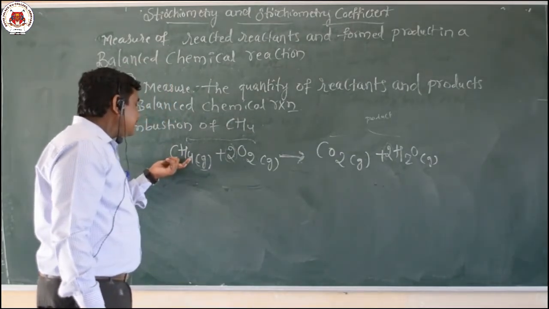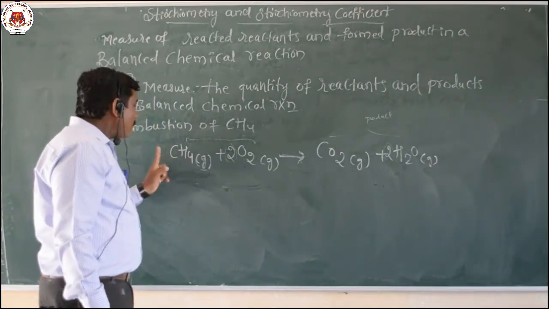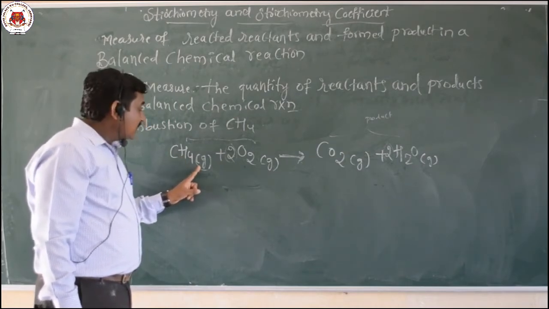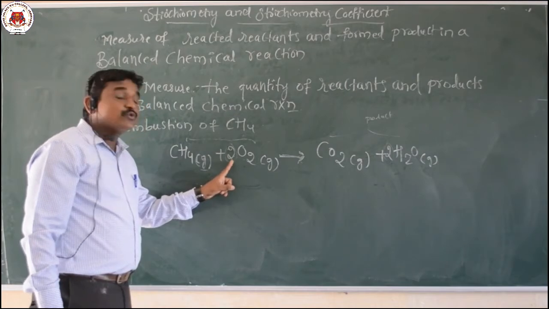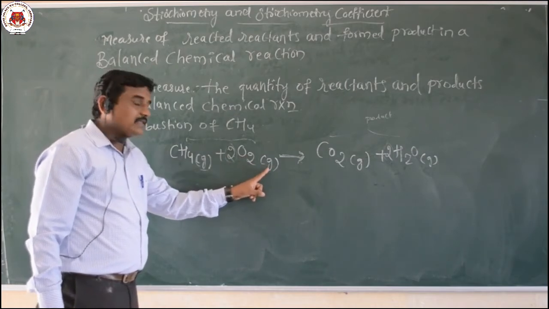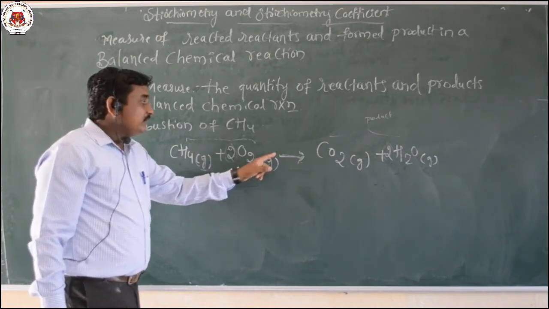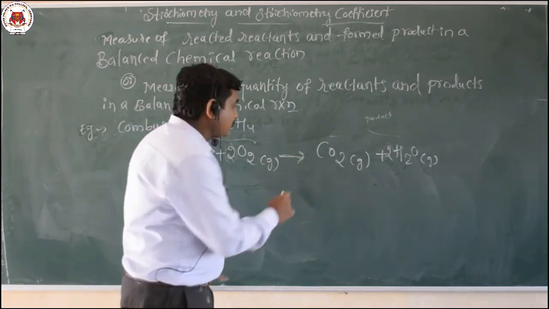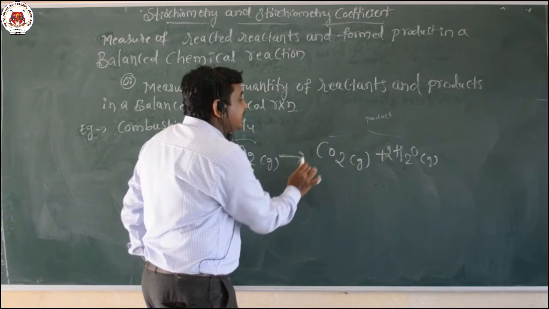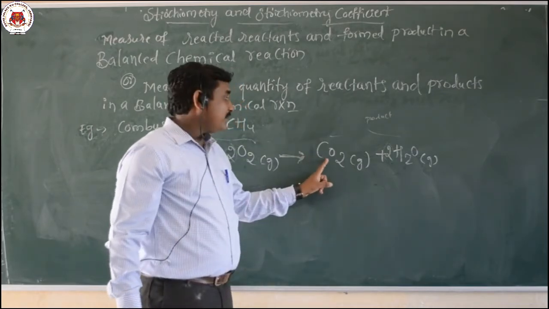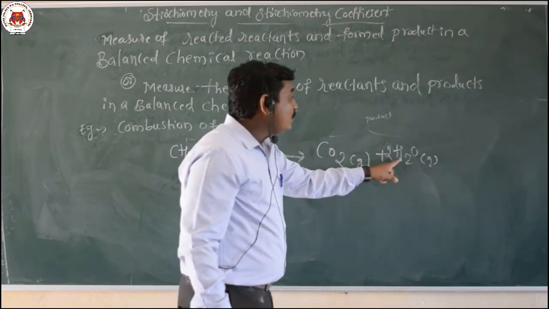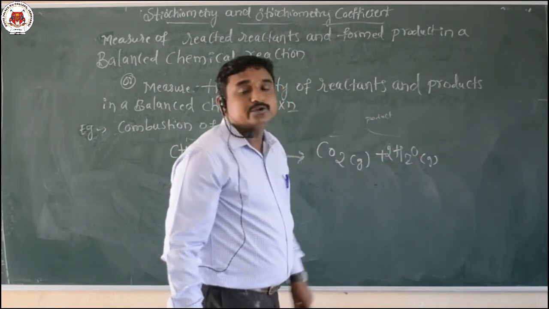This reaction indicates that 1 mole of CH4 gas reacts with 2 moles of oxygen, in the form of gas. It produces 1 mole of carbon dioxide in the form of gas, and 2 moles of water in the form of gas.